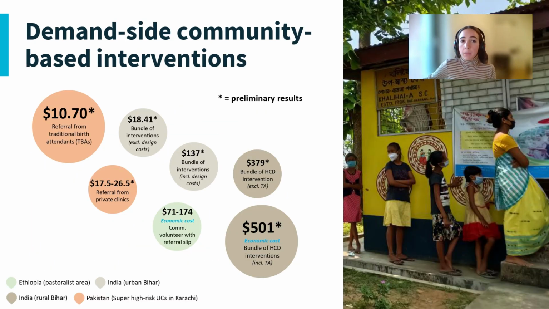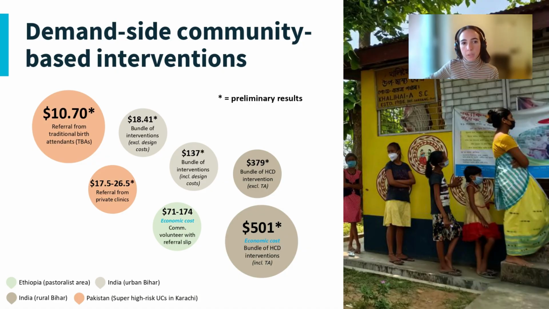If we look at the evidence on demand-side, community-based interventions, we see that costs also vary widely, from about $10 to a little over $500. And I should add that the numbers we're seeing here are preliminary results, and final results from these studies are coming out soon. So here, the wide range of costs reflects not only the different types of interventions or the different bundles of interventions implemented and assessed, but also the fact that these were assessed at different points in their implementation timelines.